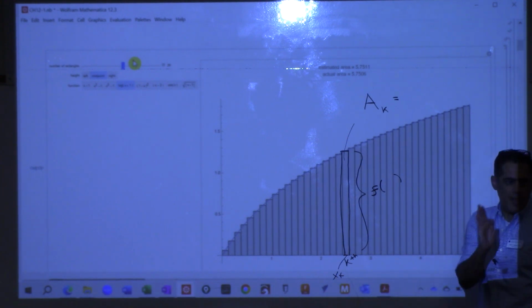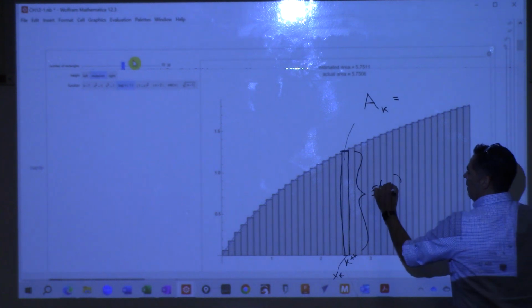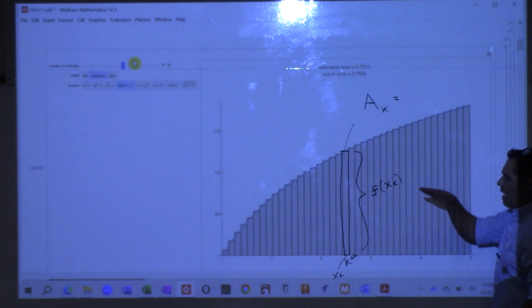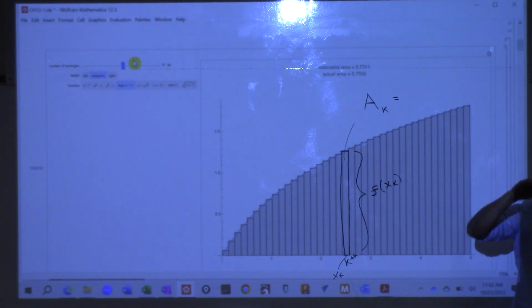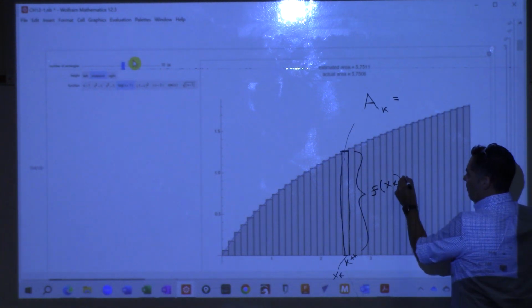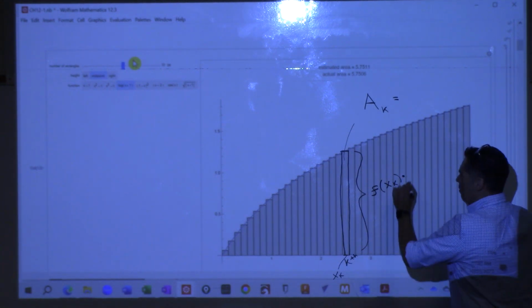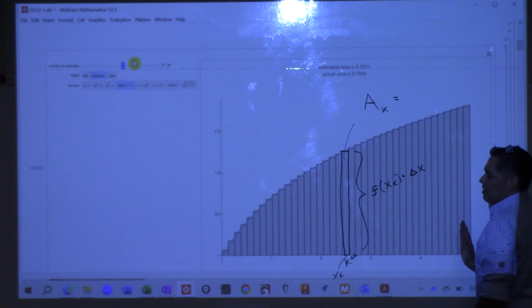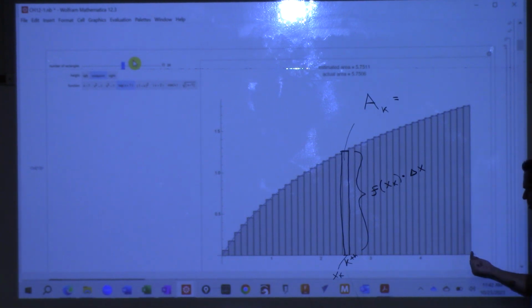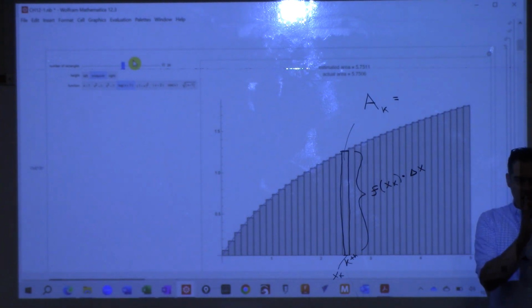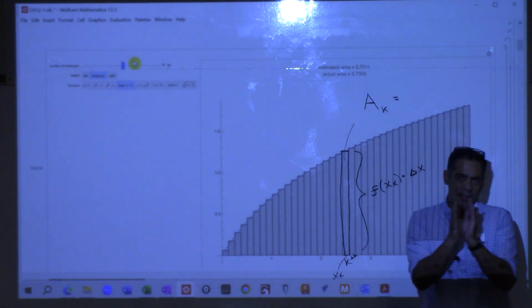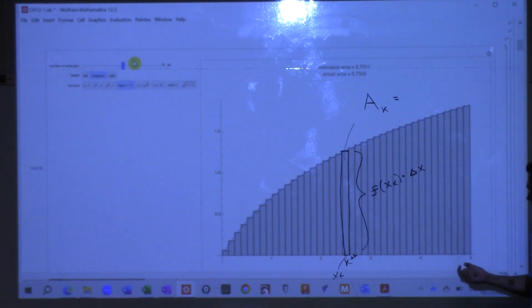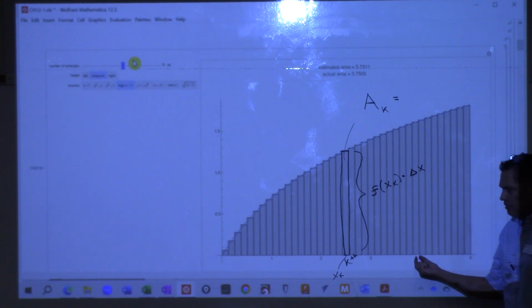It's just some x value in that rectangle. That's about how tall it is right there. And then how wide is it? Well, we normally put delta x, which would be the change in x. And the change in x for all of these is the same because we're cutting them into equal width rectangles. So this is just delta x, delta x, delta x.